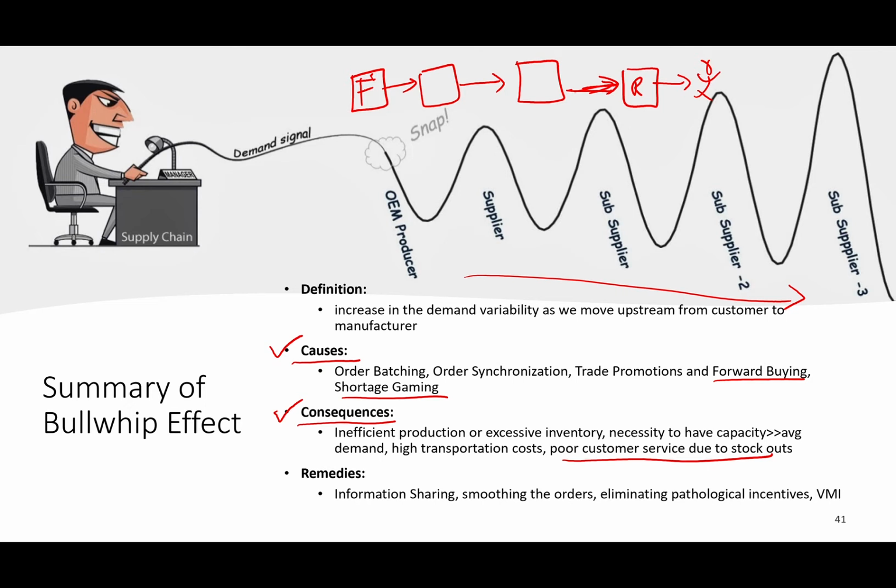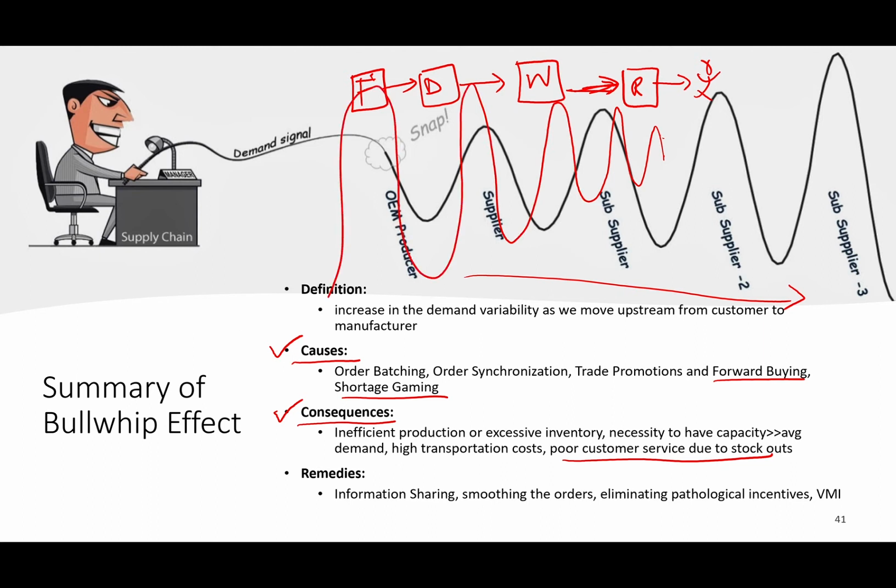And if you recall, we spoke about this when we were playing the game, that I wish I could talk to the factory, or I wish I could share better information with the other supply chain partners, right? So once everybody in the supply chain, the retailer, the wholesaler, the distributor, and the factory know what the actual consumer demand is, then they can respond accordingly. They do not need to respond to this artificial increase in the demand variability.